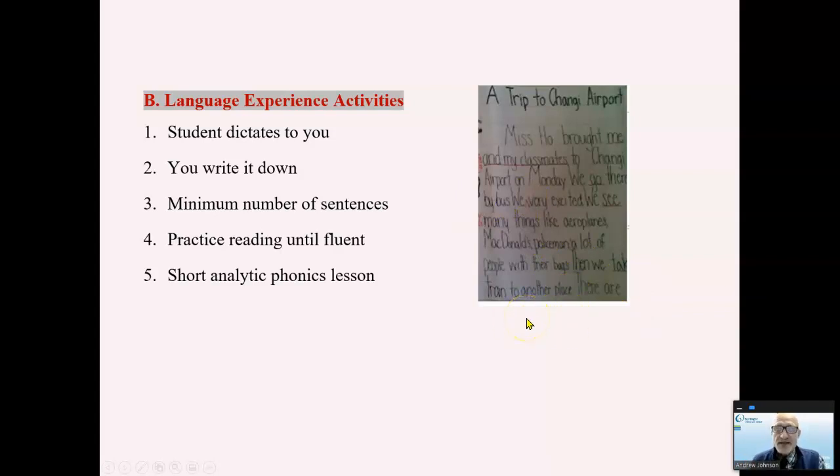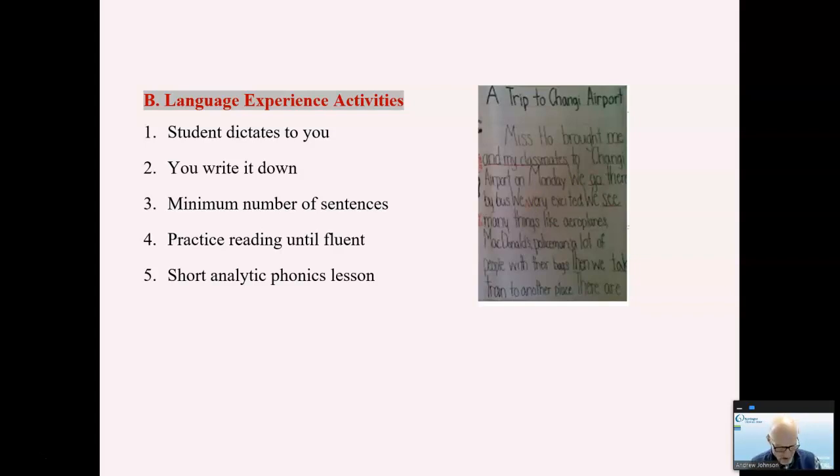Then the last one is to do analytic phonics lessons, analyzing words they know. For example, there's a word here that starts with an m sound. Can you find that? And they'll find Monday. Good, good. There's a word here with a d in the middle of it. Can you find it? Day, Monday. Good. That's an example of analytic phonics, analyzing words that they see in print.